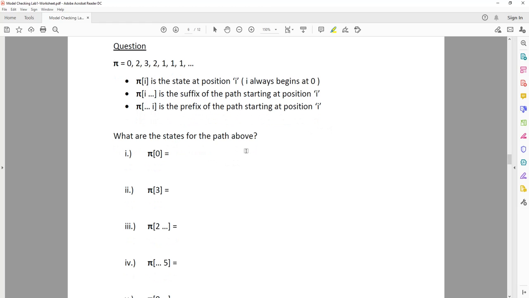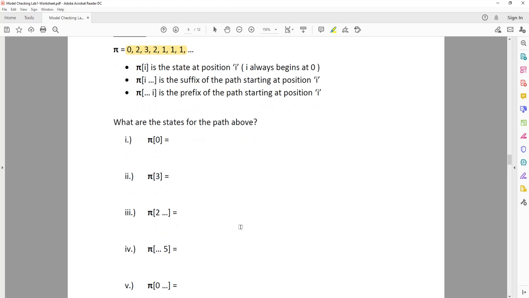At pi of 0, now i always begins at 0, so this is just the first value, so it's going to be 0. Pi index 3, so what is our value? It's going to be 0, 1, 2, 3, so state 2 is the answer to this question.